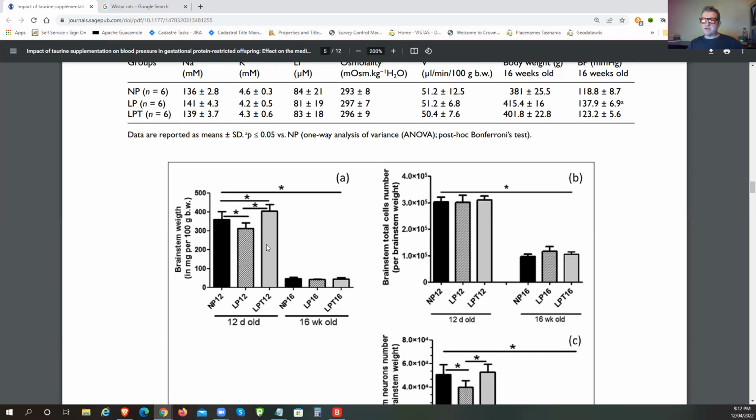This is a protein restricted rat, which has basically now got a better, heavier brainstem than the control. That's significant, the difference in milligrams per 100 grams. That's quite a lot in that regard. So we're not talking about small things here. That's big improvements in that regard.